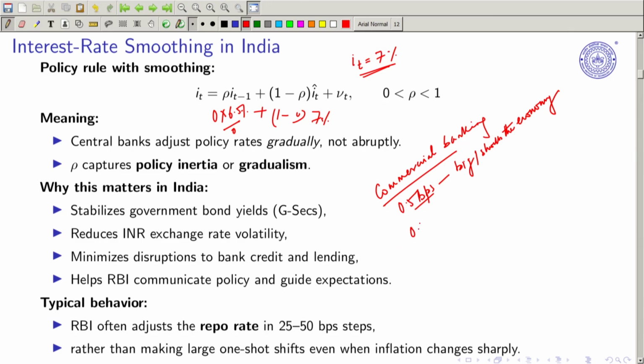But when we are seeing 0.1 basis point, this will not deter the borrowers in the economy, right? So this is what we say.